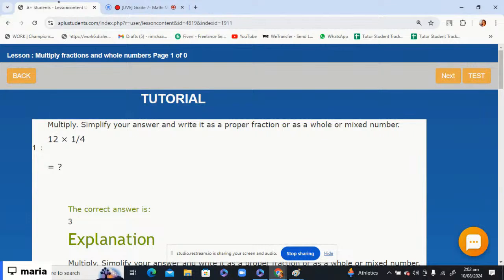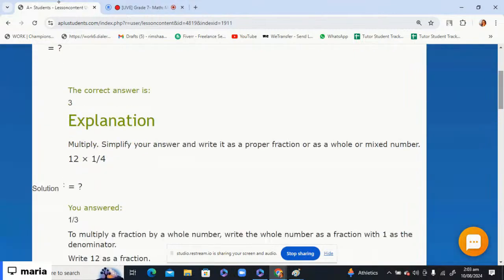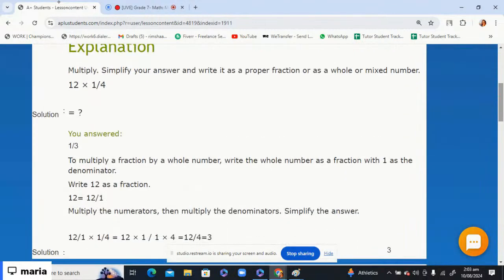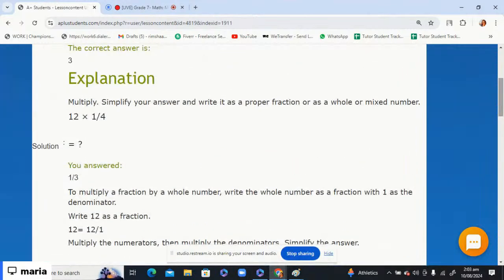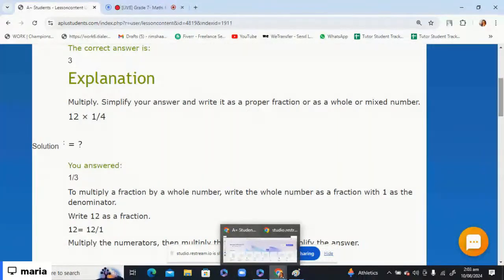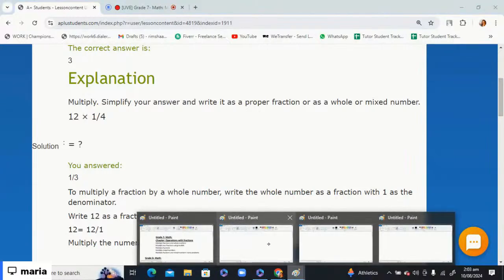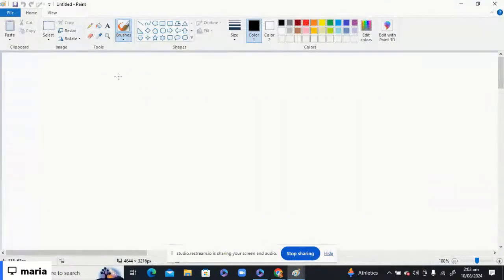So this is 12 times 1 by 4. How can we solve this question? First of all, I'm going to open this question and solve it over there. 12 times 1 by 4.